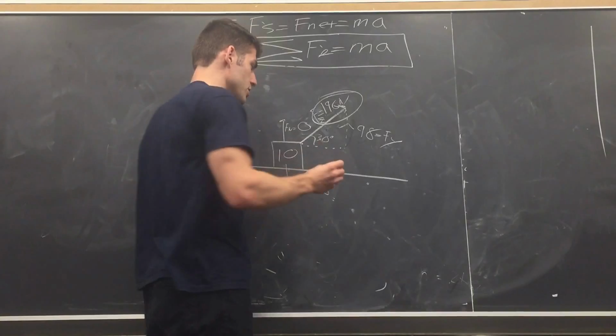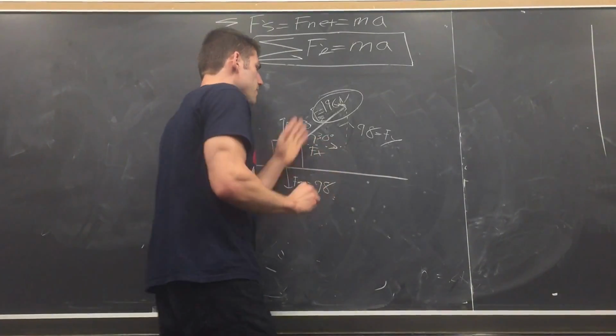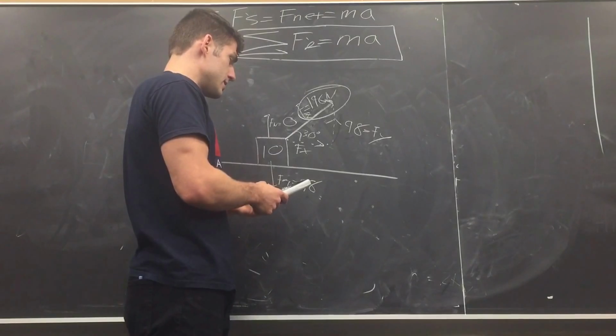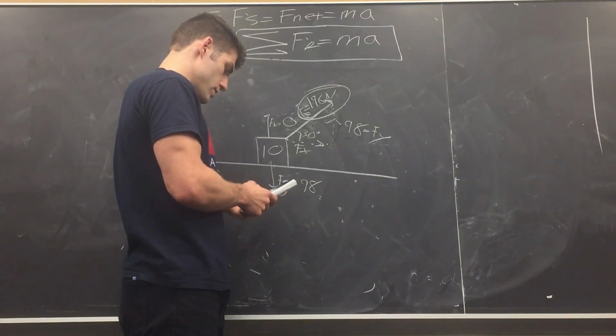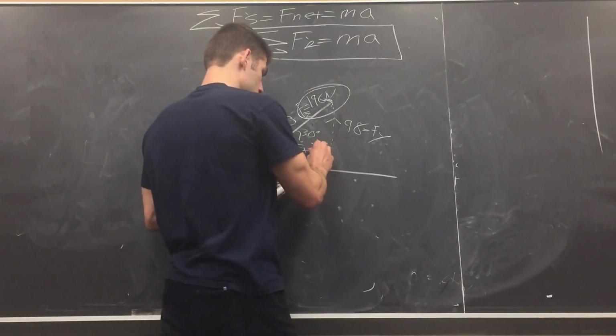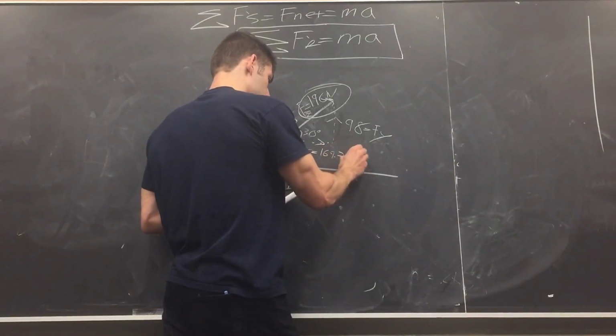They asked for the acceleration, which means I can solve for my Fx. So maybe they ask for Fz, maybe they ask for the acceleration. We'll do both. Fx in this case is going to be 98 root 3, or you'll do some other trigonometric function. 169.7.